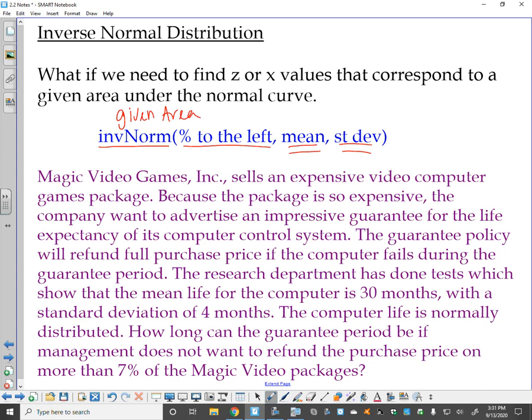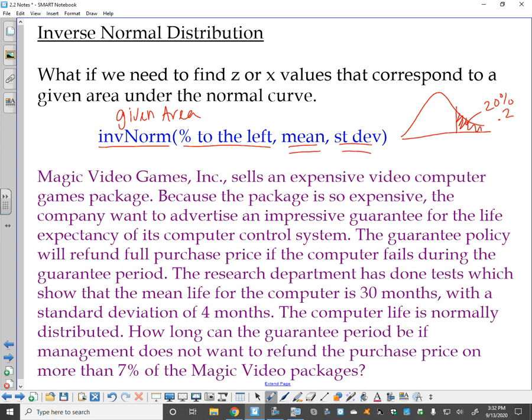Let's talk about percent to the left. What if I say, how many hours will a sunshine radio last if I want, no, that's not going to work. It's hard to think of these on the fly. Okay, so let me try to not come up with a word problem. If you had a word problem that said I needed 20% area to the right, or 0.2 area to the right.